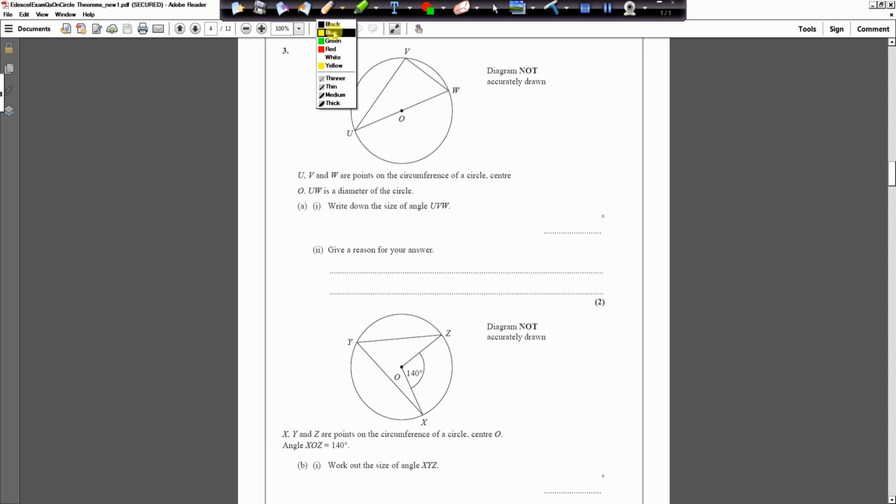Okay, so let's have a look. U, V, W is this angle here. And we know that that angle is 90 degrees. Why is it 90 degrees? Because the rule is the angle in a semicircle is 90. The angle in a semicircle is a right angle.